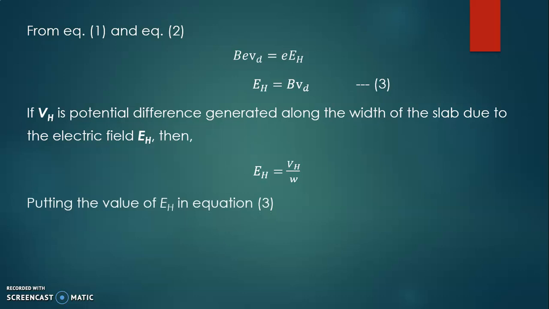By putting the value of EH in the above equation number 3, we get V suffix H upon W is equal to B into V suffix D. Taking W to this side, we get V suffix H is equal to B into V suffix D into W. Let this be equation number 4.